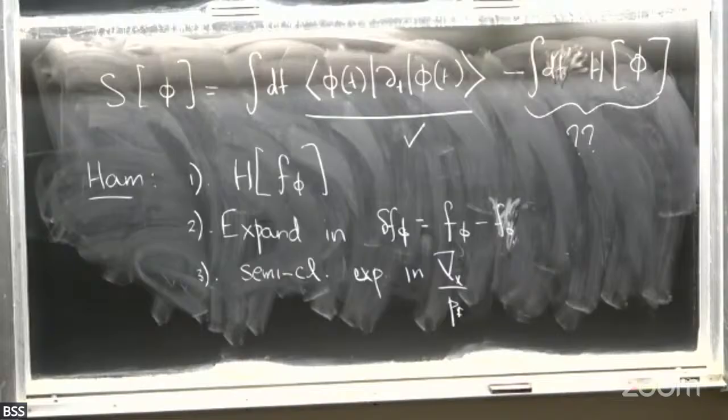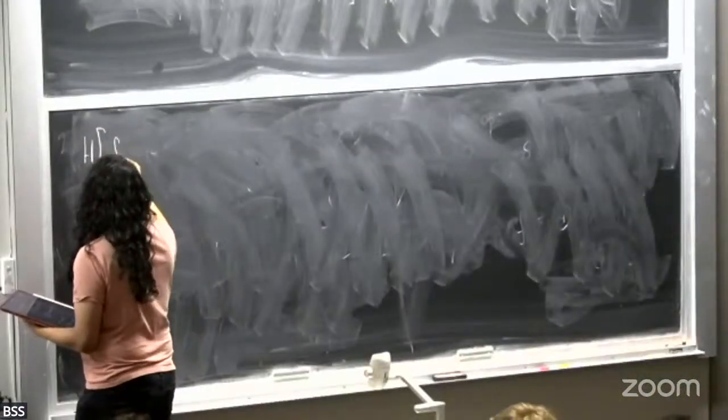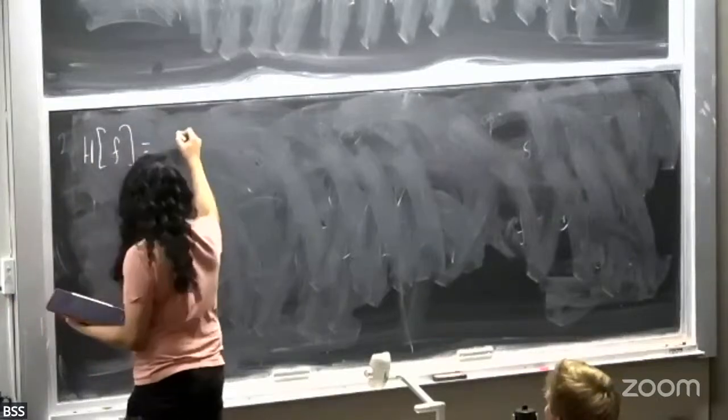The last 5 minutes I'm going to spend interpreting what terms in this Hamiltonian mean. So with those three principles, the first one of which is exact, and the second and third are approximations, I'll write down the most general Hamiltonian.